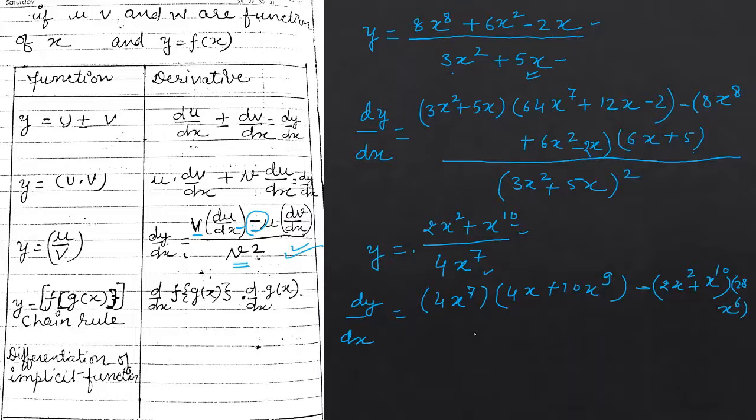I hope it is visible, right? And whole upon (4x⁷) whole square, right? So this is the derivative.